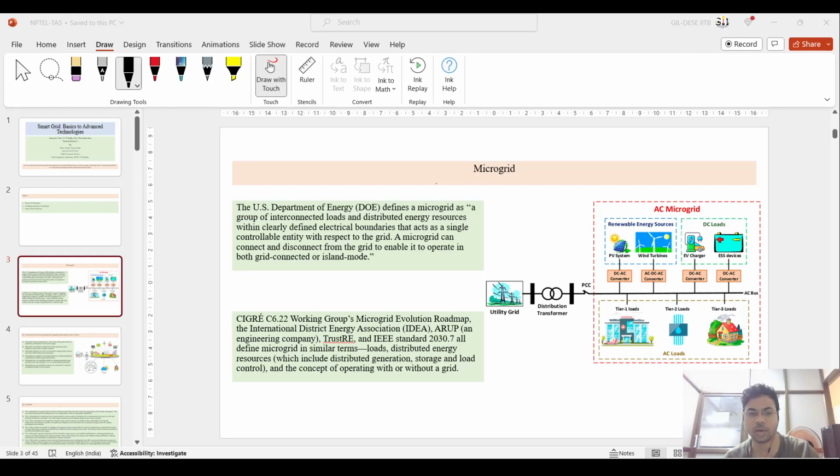Is my screen visible? Anyone please confirm, and that the resolution and fonts are visible to you also.